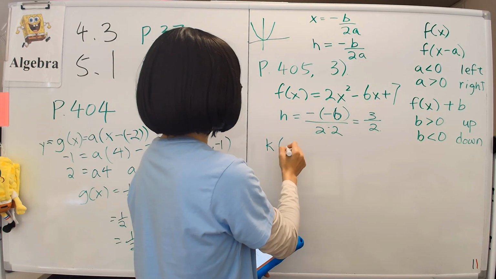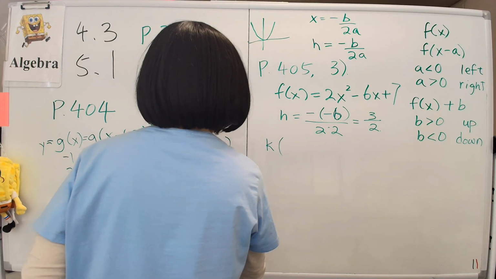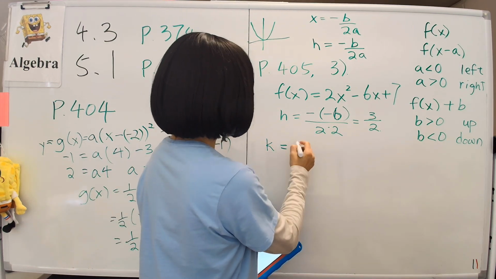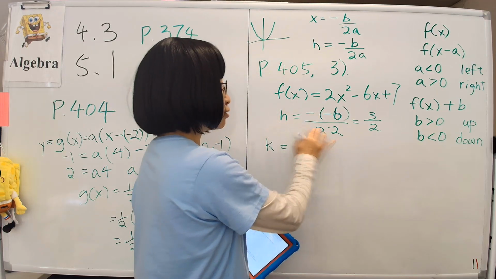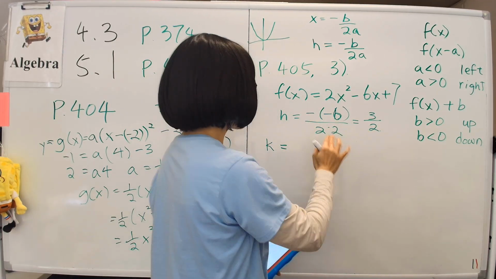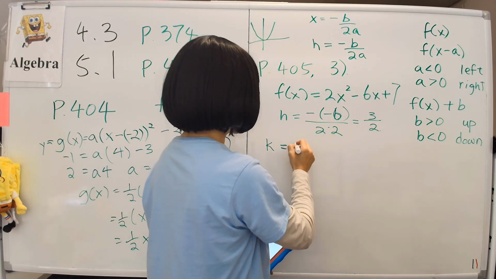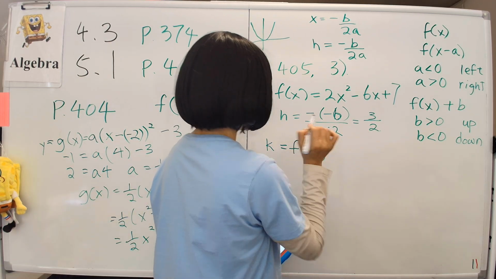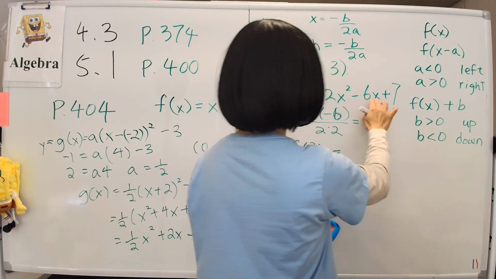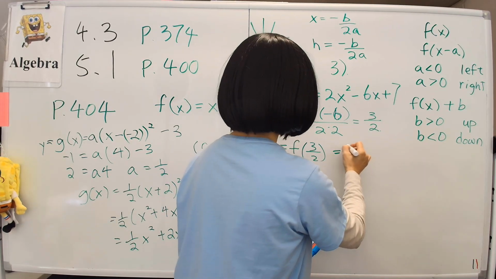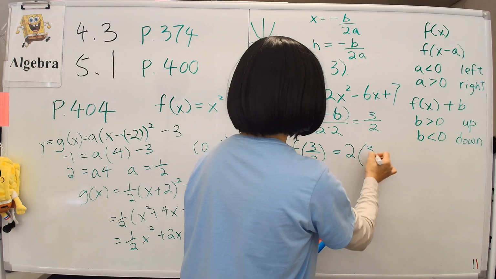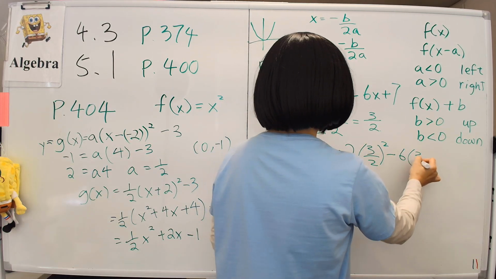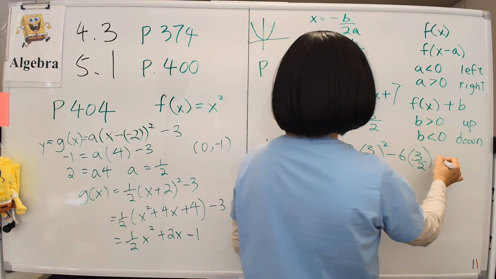K is equal to f of h. h is the x coordinate of the vertex. If you put the x coordinate in, it's going to give you the y coordinate. So let's calculate this: 2 times (3/2) squared minus 6 times 3/2 plus 7.